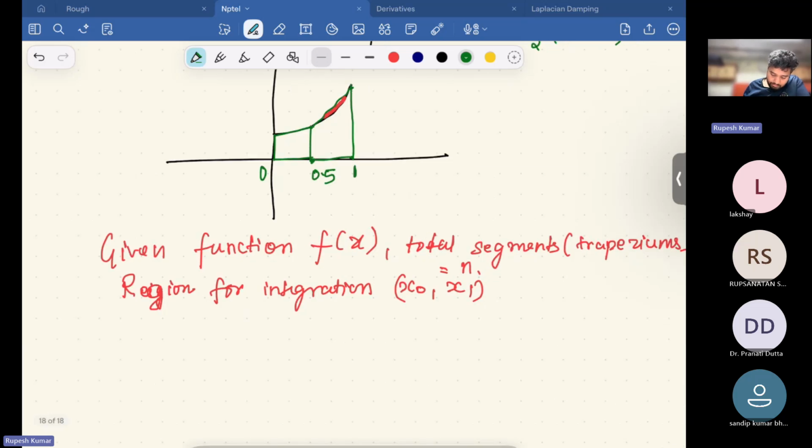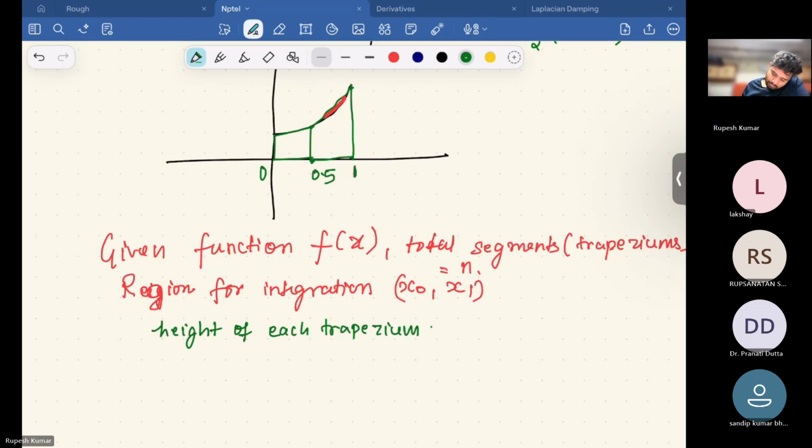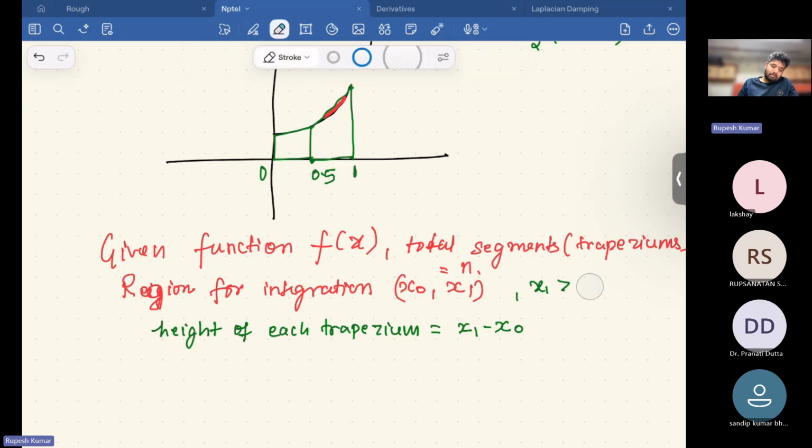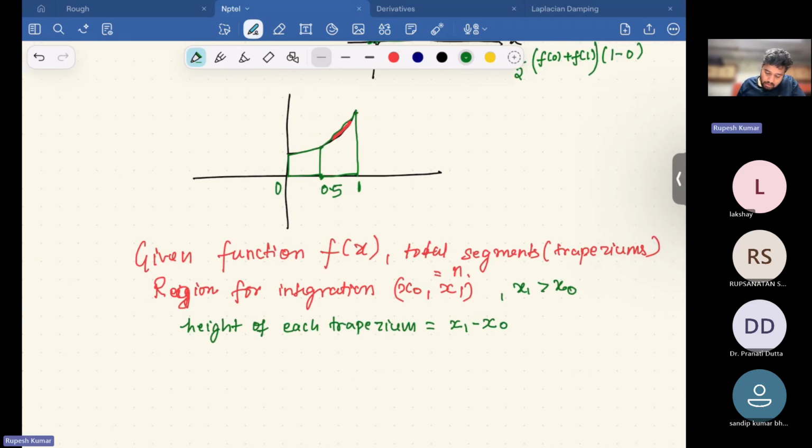So now you will define the height of each trapezium is equal to x1 minus x0, given x1 is greater than x0, right? X1 has to be greater than x0. If not, then swap them, right?